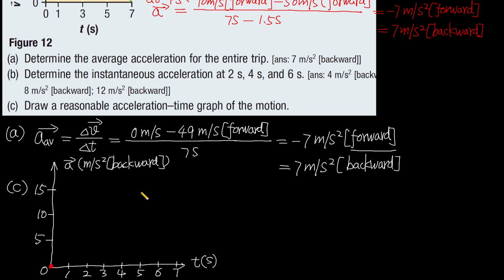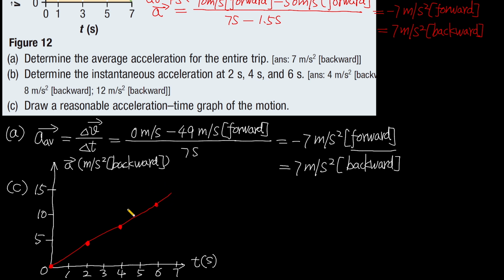Now at 2 seconds, its acceleration is around 4 meters per second squared. It's around here. And at 4 seconds, its acceleration is around 7 meters per second squared. So it's around here. And at 6, it's around 12. It's around here. And then we use a smooth line to connect these points.